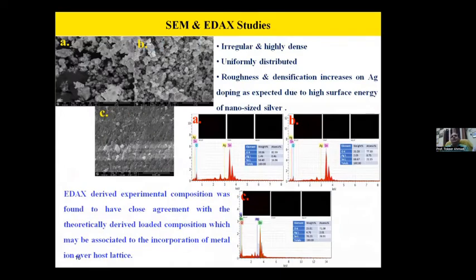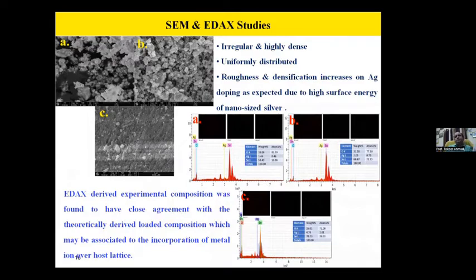These are the SEM and the EDX spectra, which show that the particles are uniformly distributed, though roughness and densification can be seen, which is expected because silver nanoparticles have high surface energy, and so they are able to produce particles with high density.